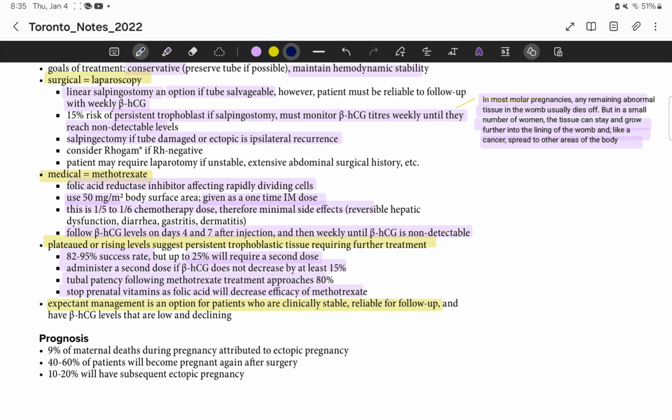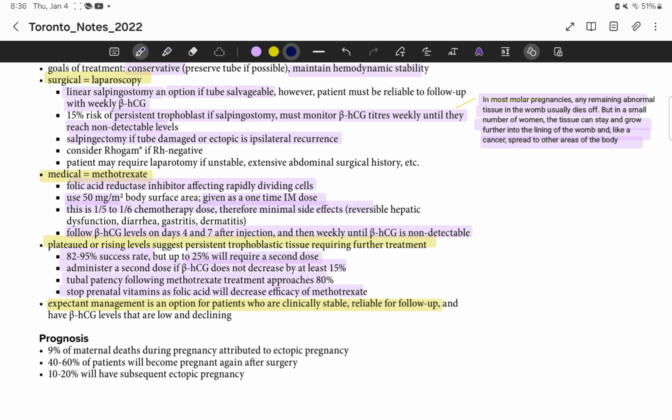This is 1 out of 5 chemotherapy doses, so minimal side effects are available. We have to follow up beta HCG level on days 4 and 7 after the injection, and we are checking beta HCG.